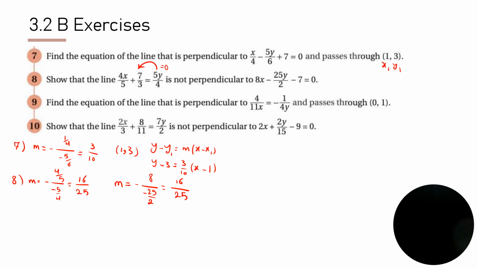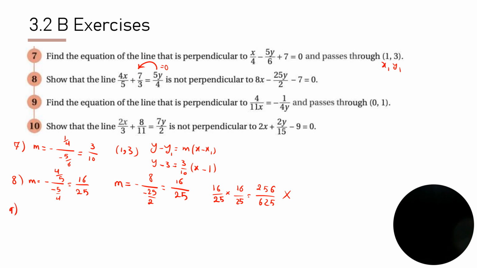Let's multiply the gradients: 16 over 25 times 16 over 25. Both of them are 16 over 25. It will be 256 over 625, which is obviously not negative 1. Therefore, the lines are not perpendicular.